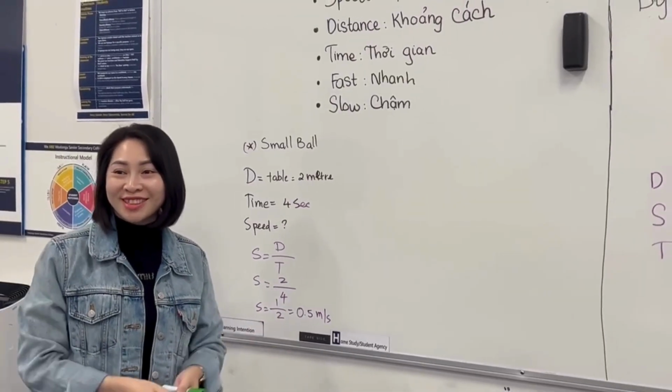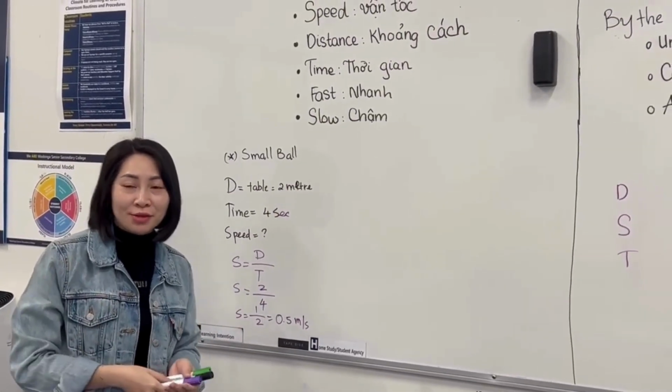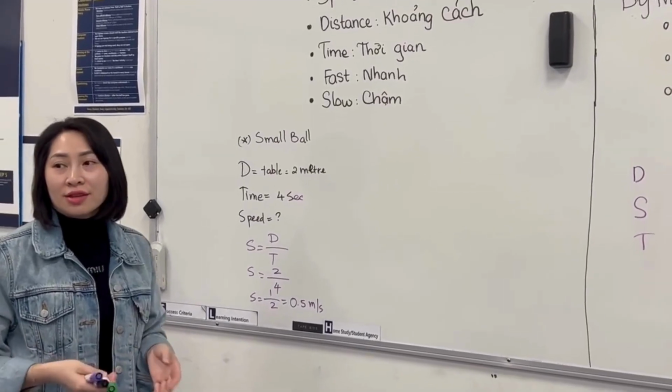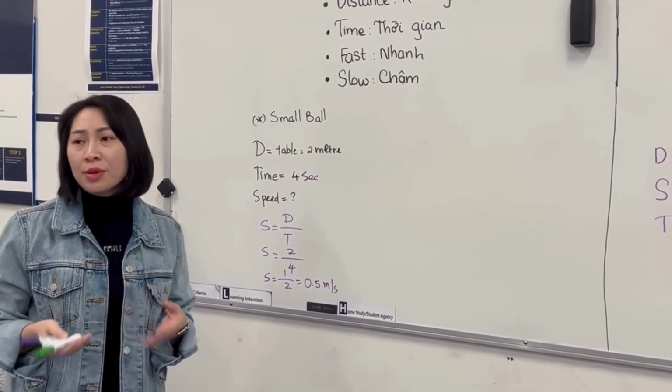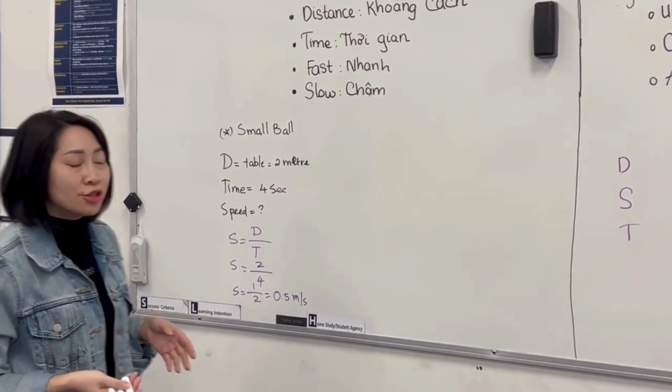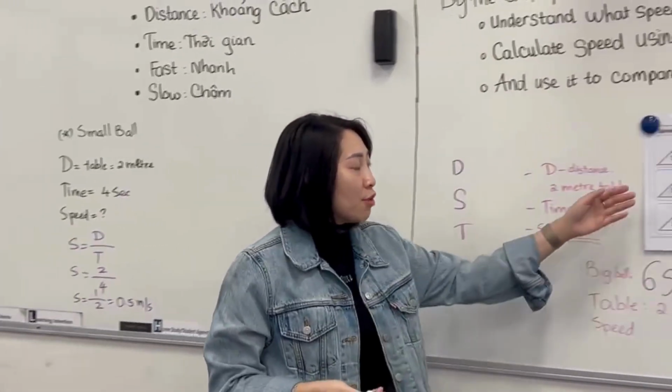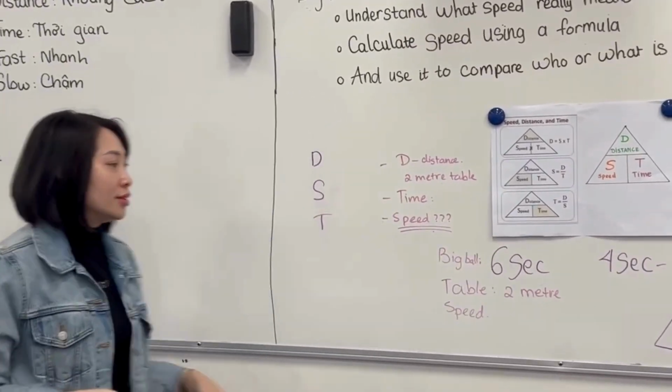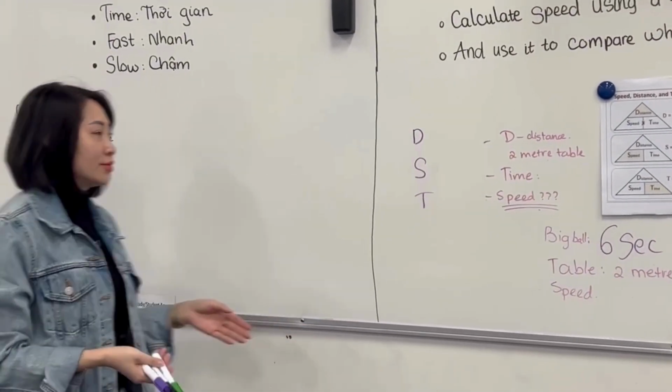Any questions? Yes, ask me. Do you have any questions? I know this may be confusing for some people, but basically what I need you to do is just apply the formula to real life.